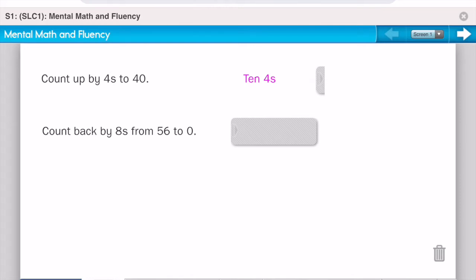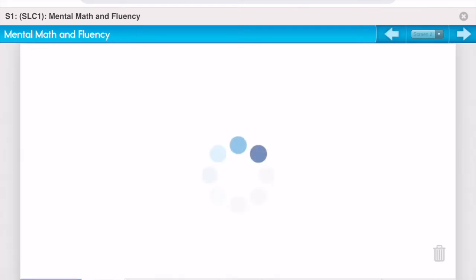This time I'd like you to go back by eights, starting at 56 and skip counting back to 0. Write down how many counts if you're counting back by eights to go from 56 to 0. You would have to go back 7 times. All right, let's try some more.